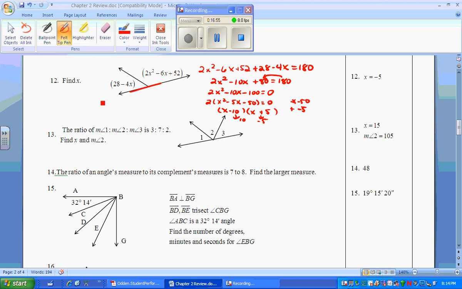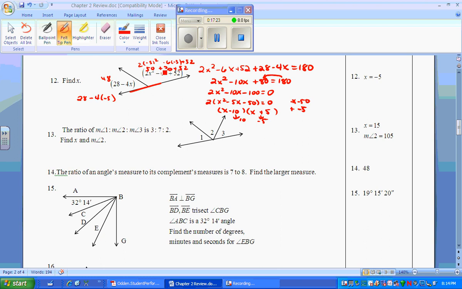So negative 5, when I plug it in, 28 minus 4 times negative 5. So this is 20, so that's 48, so that works. And put 2 times negative 5 squared minus 6 times negative 5 plus 52. So this is 25 times 2, so this is 50. Negative times negative, that's positive, so that's 30.